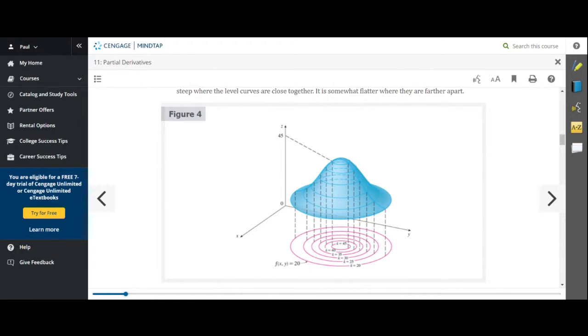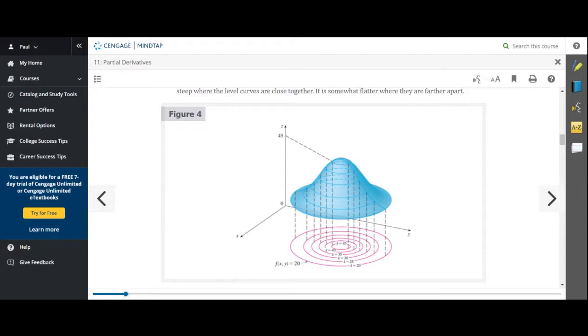Is it growing at a slower rate or a faster rate as you move out? Yeah, it's growing at a slower rate. That's right. And look at the contours. Are the contours spaced closer or further away as you move out? Further away. That's right.